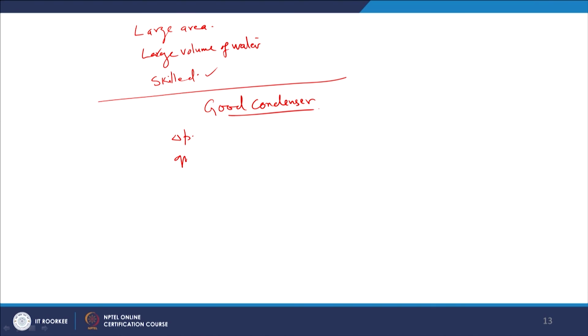Condensate should not accumulate in the condenser shell because it will hamper the heat transfer. So, quick removal of condensate, right? Low resistance of flow in a water tube.